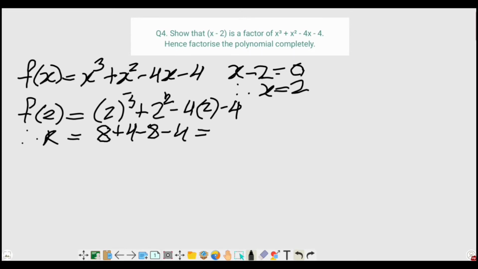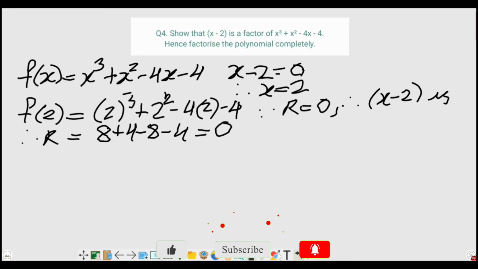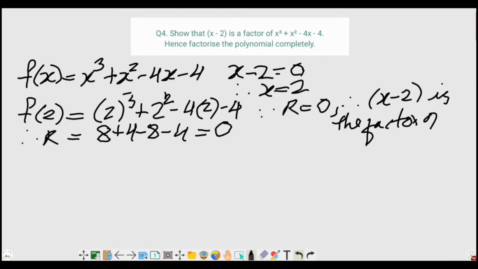So this together will give you the value 0. Now since the remainder is equal to 0, what do you conclude based on the factor theorem? That x minus 2 is a factor of f of x. So they have told you to show that, means what? Surely you will get 0.